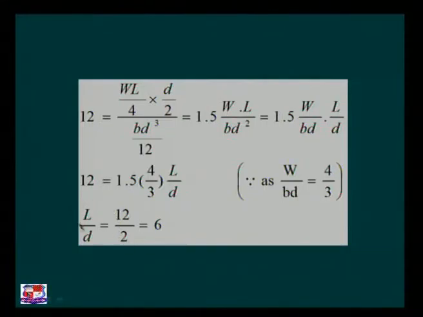Means length or span of the section is 6 times the depth of section. This must be permitted only to satisfy the conditions of maximum bending stress and maximum shear stress. So we achieve the ratio of span to the depth is 6 to permit maximum bending stress 12 megapascal and maximum shear stress of 1 megapascal.